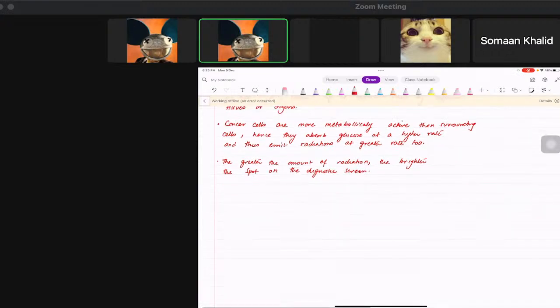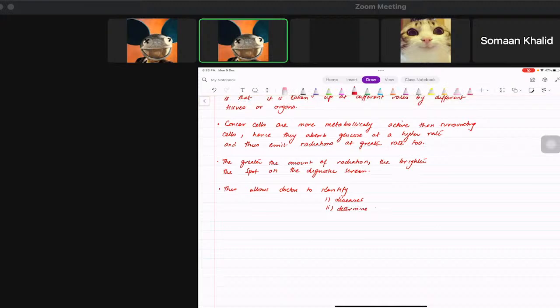Now, this allows doctors to identify, number one, diseases, number two, determine the progress and effectiveness of any treatment used for the disease. Is that clear, everyone?